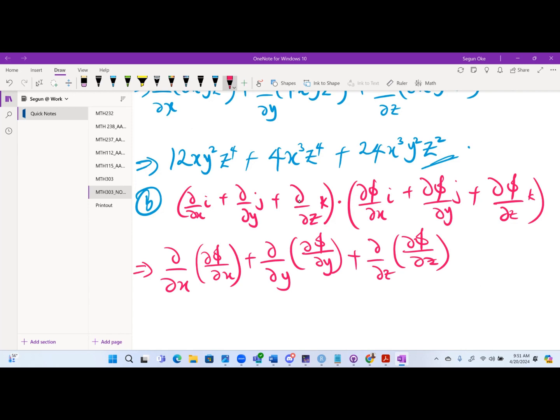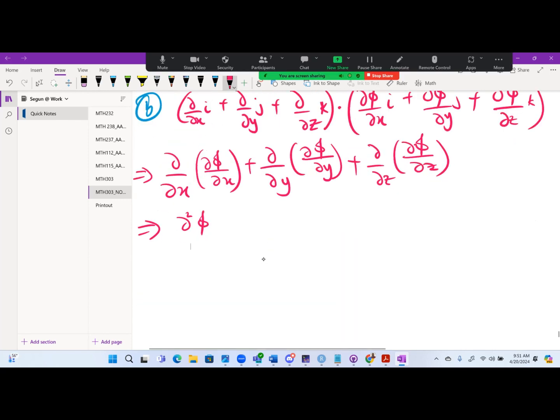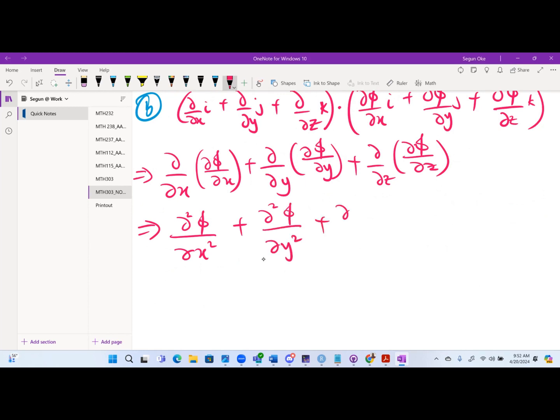So by the time you multiply these, what do we have? We have the squared phi over the x squared plus the squared phi over the y squared plus the squared phi over the z squared.